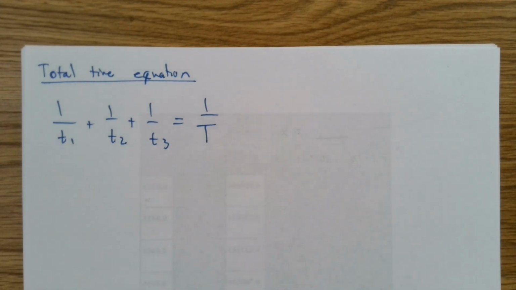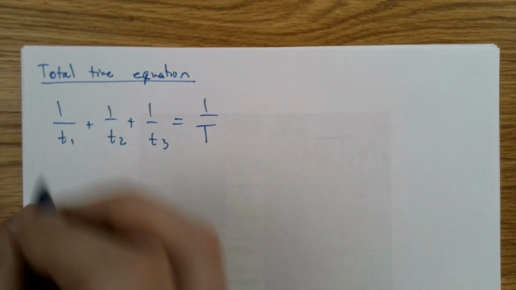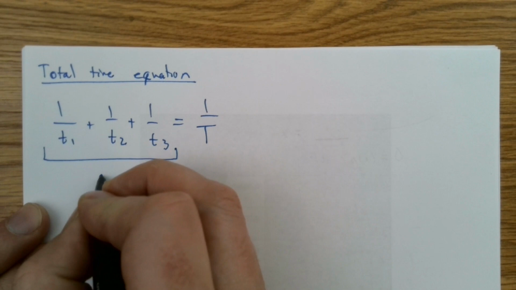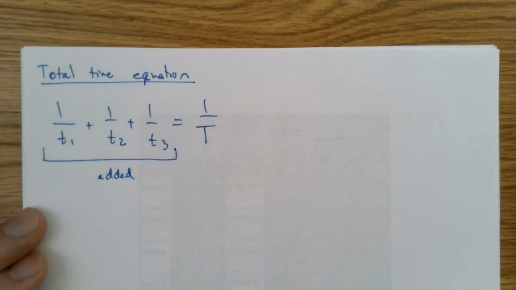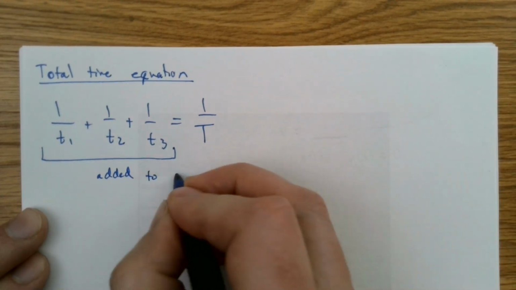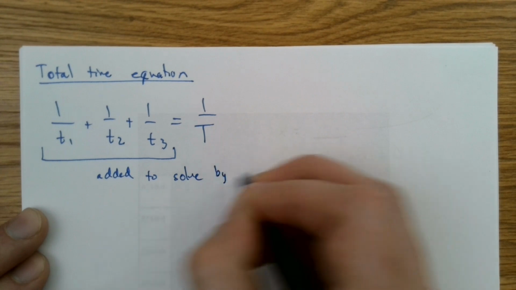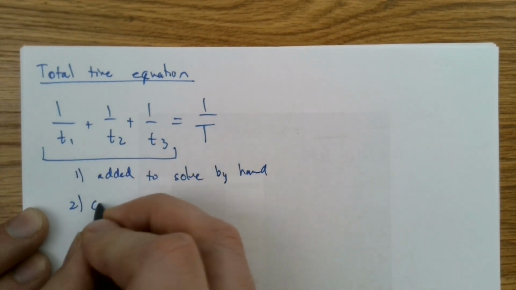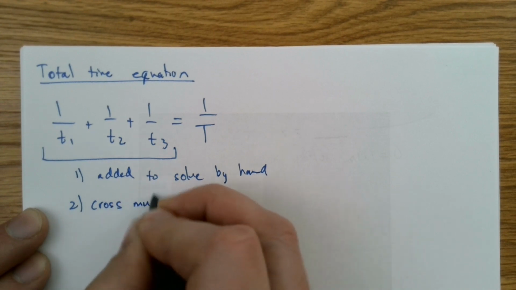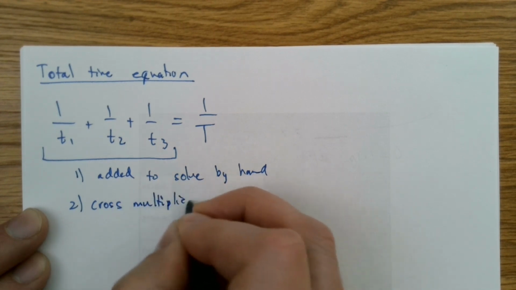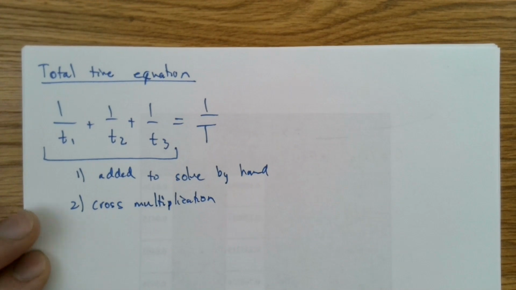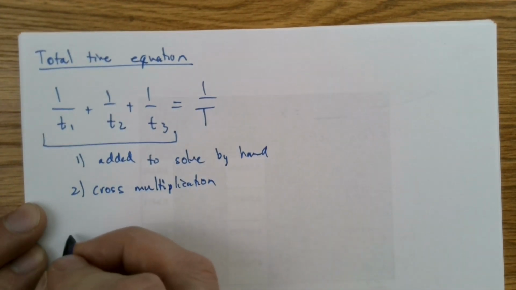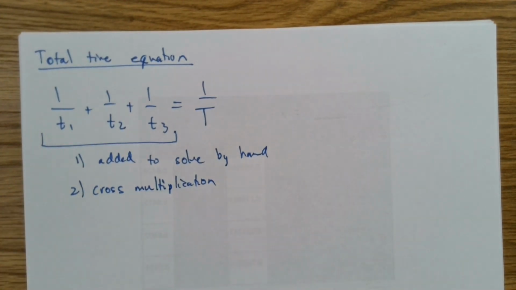And we looked at adding these fractions. So we added these to solve by hand. That was number 1, and then number 2 we cross multiplied. We used the cross multiplication. So how we did it in class is we had to multiply each fraction by what it was missing.